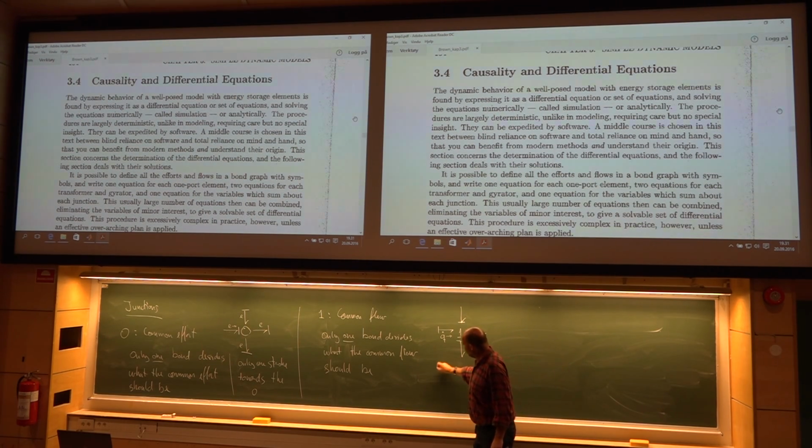So for a one junction, all but one stroke towards him.